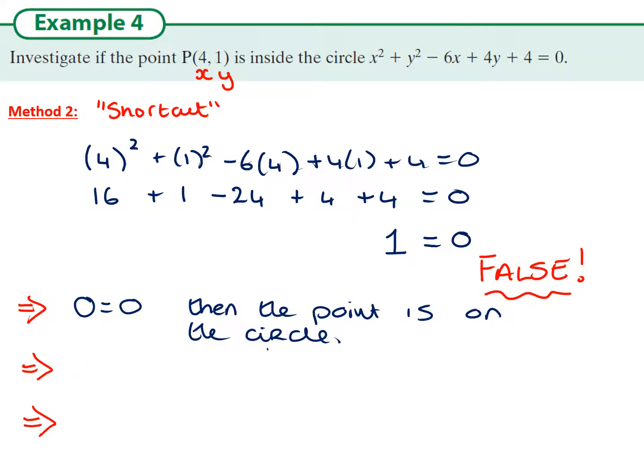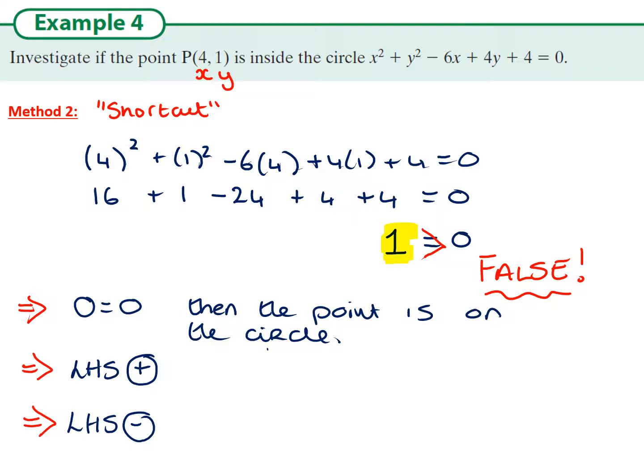And I'll explain that in a little more detail now. The third scenario is the left hand side ends up being negative. Because my left hand side is bigger than 0, we know that it's outside.